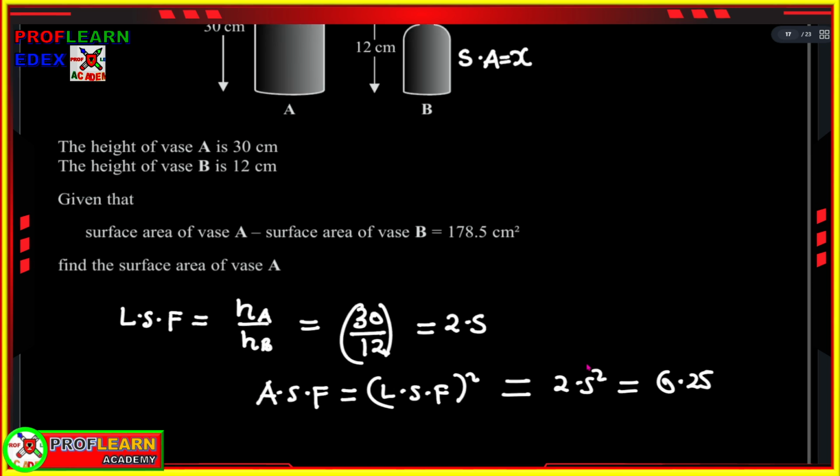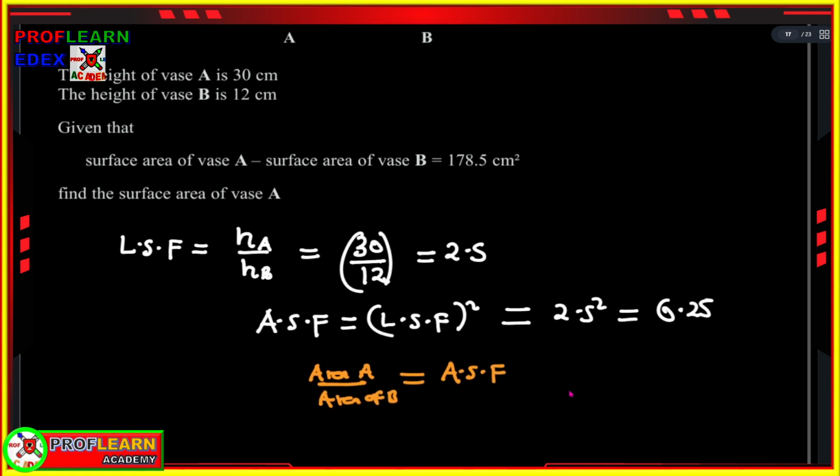Now once we have the area scale factor, remember I said let the area of B be X. So area of A over area of B should be equal to the area scale factor. Are we together?